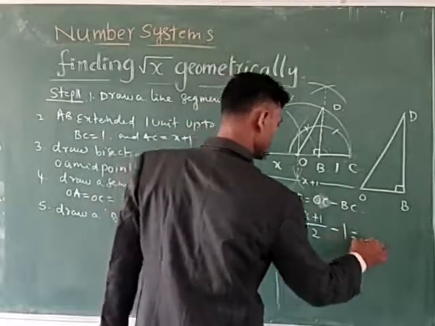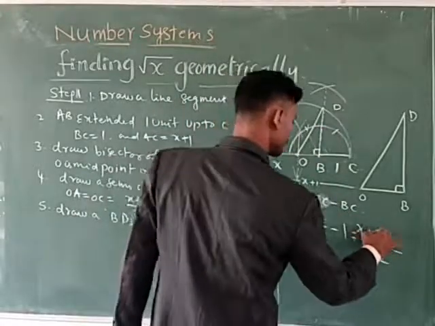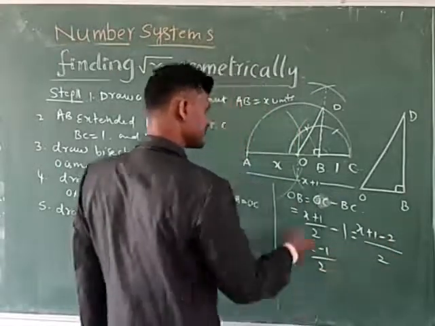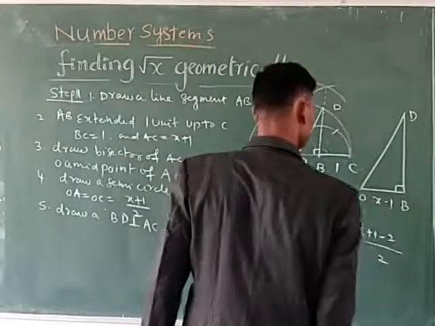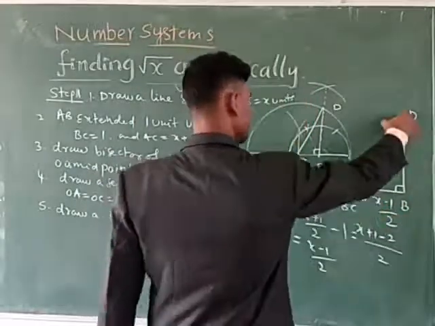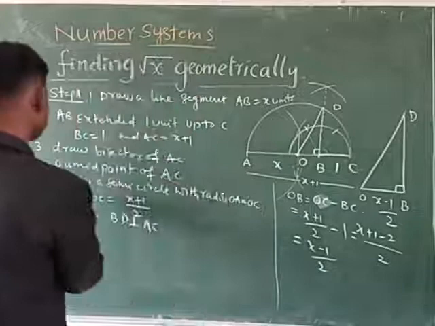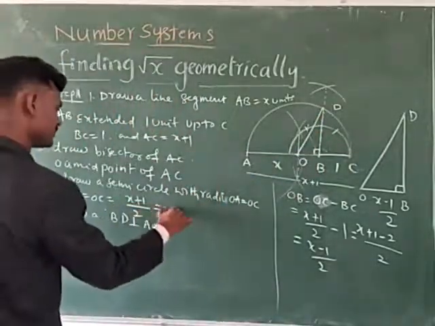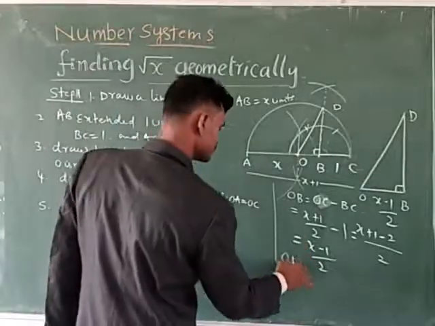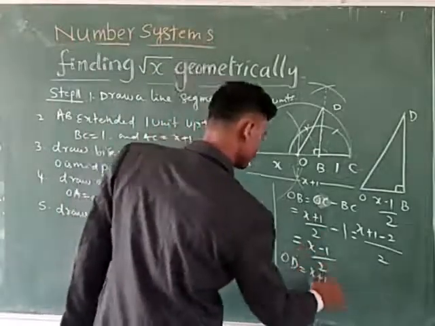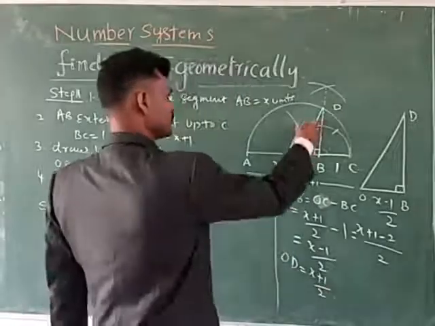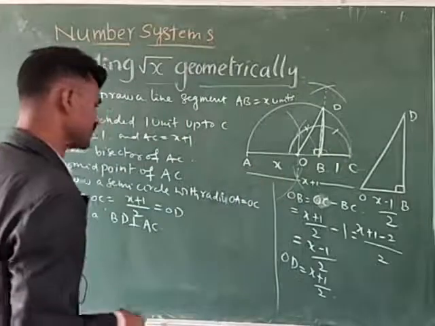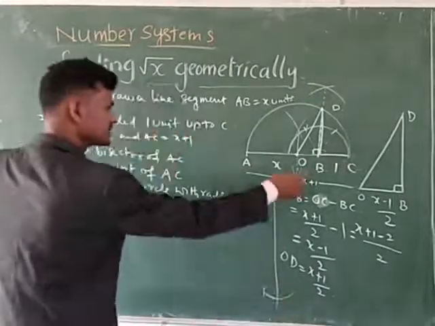Now take the LCM, which is 2: x plus 1 minus 2 is equal to (x minus 1) by 2. This is OB, (x minus 1) by 2. Already we know that OD is equal to the radius. OA is equal to OC is equal to OD, also radius. Then OD is equal to (x plus 1) by 2. Now we have to find BD. How to find BD: listen, this is a right angle triangle.